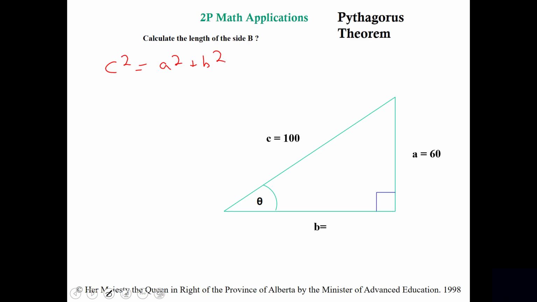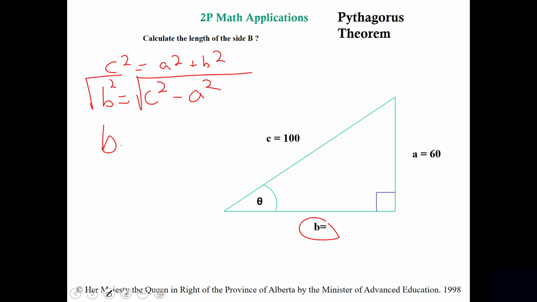We're going to get B by itself, so B squared is equal to C squared minus A squared. To get rid of the square, we just square root both sides. So B is equal to the square root of C squared minus A squared.